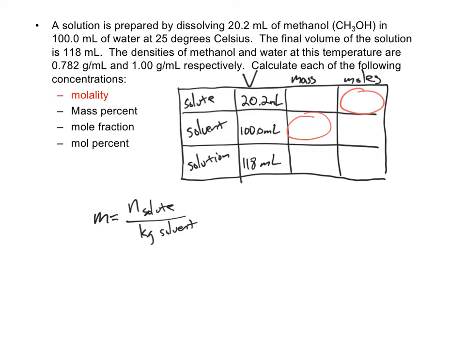Finding the mass of the solvent is going to be not too bad, because they gave me the densities of methanol and water, and I can go from volume to mass using the density. And because the density of water is 1 gram per milliliter, if I have 100 milliliters, I don't even have to do any calculations. I know that that's 100.0 grams.